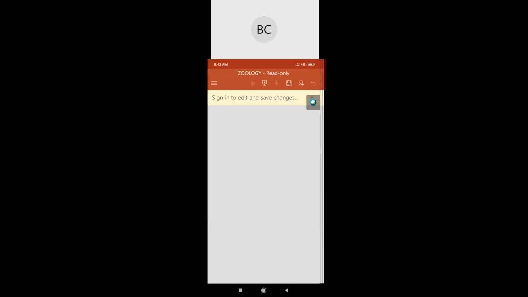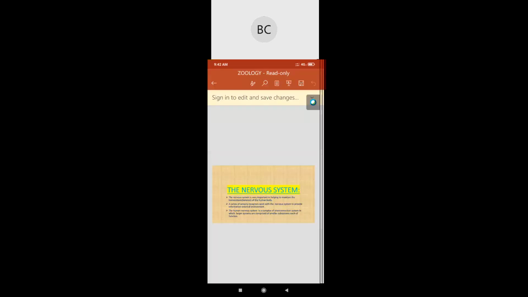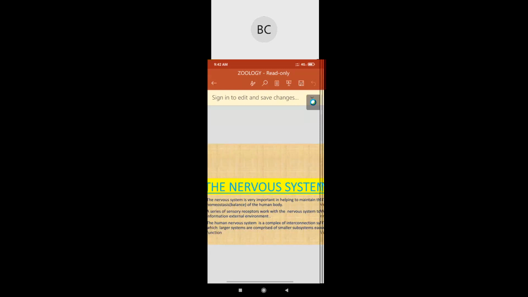The nervous system. The nervous system is the most important in the body. It maintains homeostasis balance in the human body.